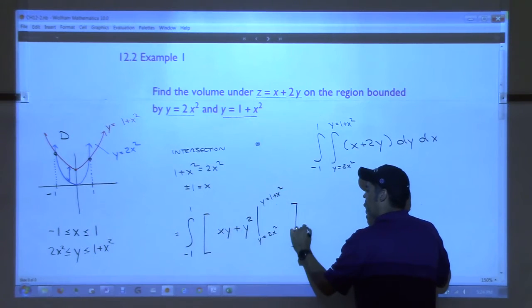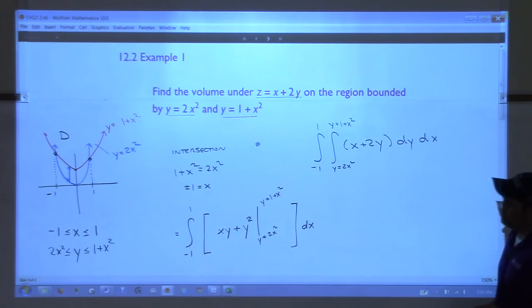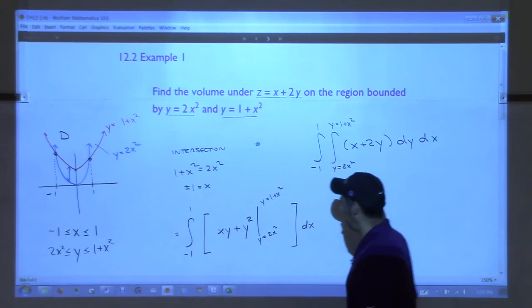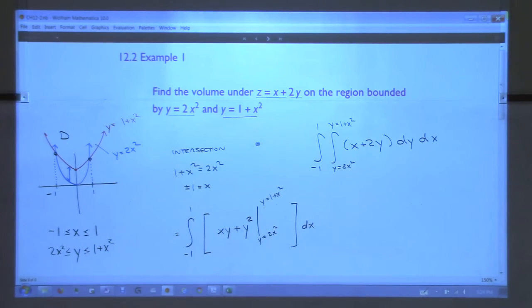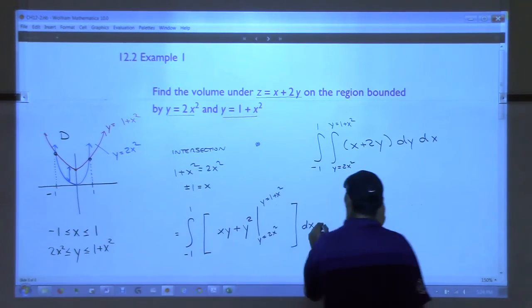And then after we're done with all that, we'll go dx. And in order to solve that, you plug them in for y. So yeah, it's going to suck, but, you know, such is life.